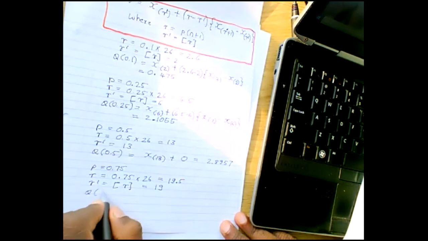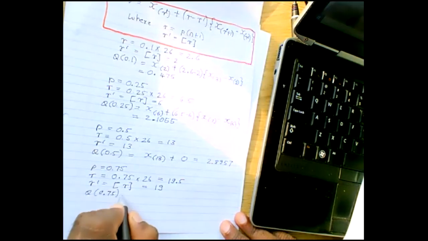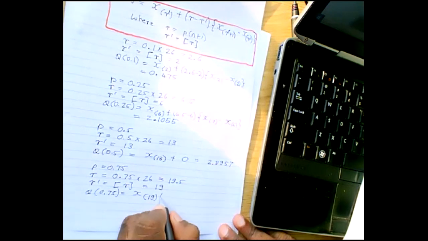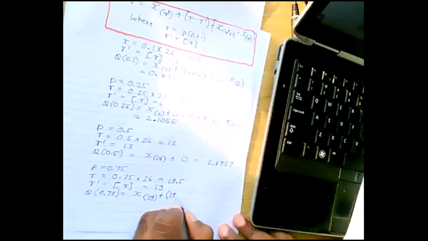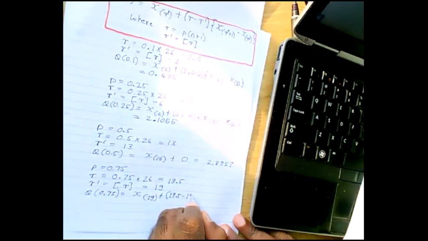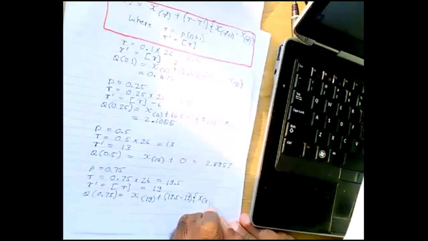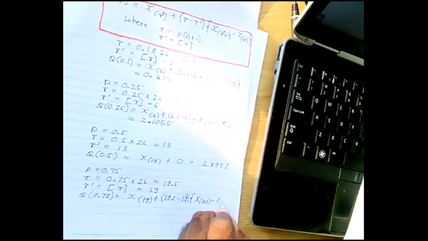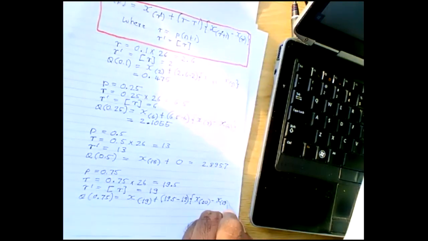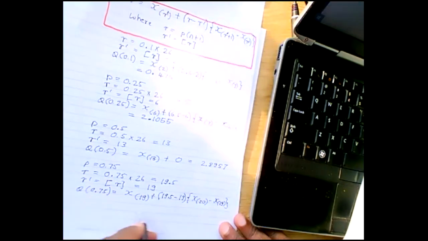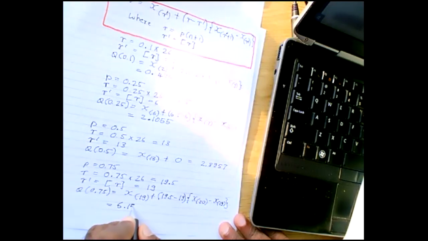So your Q at 0.75, the third quartile, is going to be this plus 19.5 minus 19. Right, and if you work this out, this will be 6.15. So that's the third quartile.